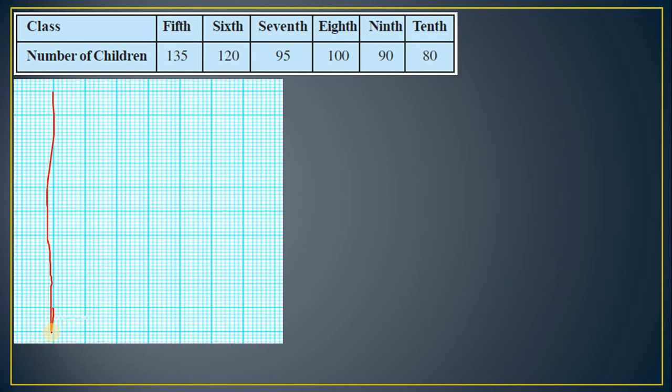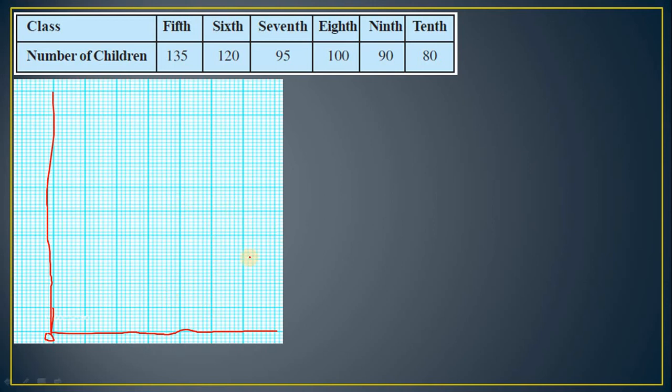So this is one axis, and then you have to plot the second axis also, and here this value will be 0, and here the maximum value is 135. So you can give a difference of 20 or 40 according to you.